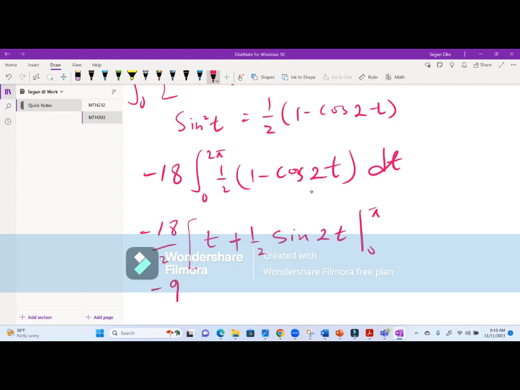So you have minus 9. When you substitute, you have pi minus 1/2 sine of 2 pi. At the end of the day, if you do it very well, you have minus 18 pi.